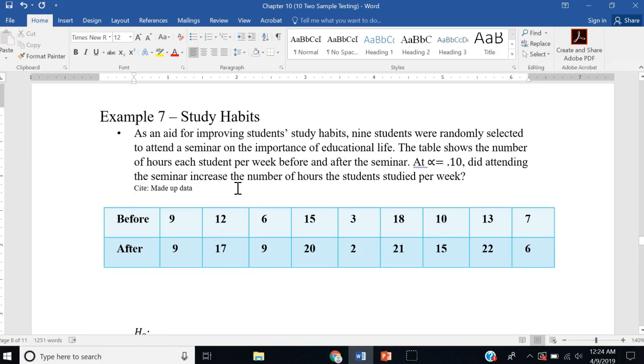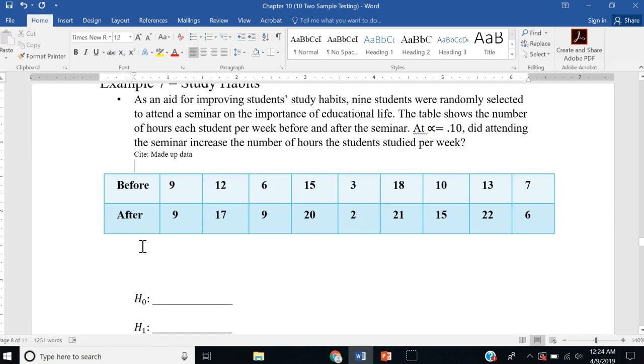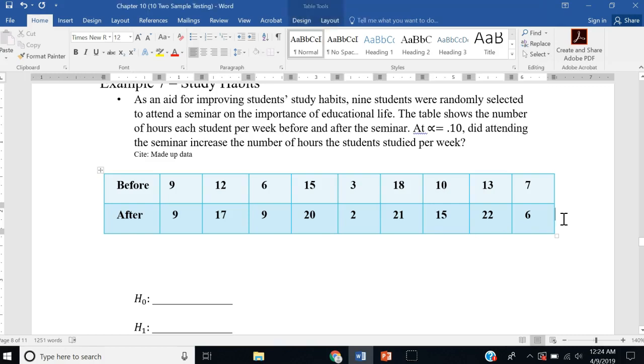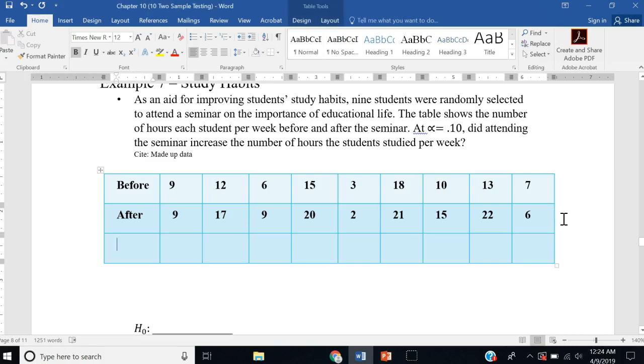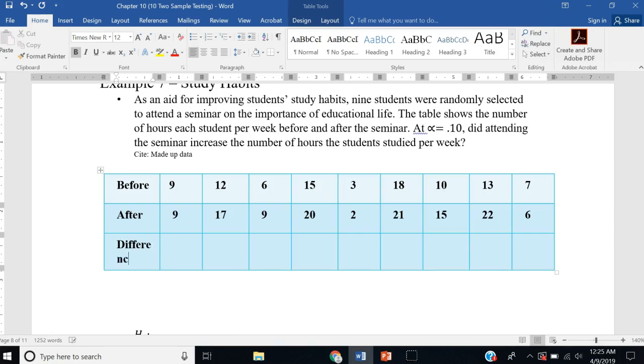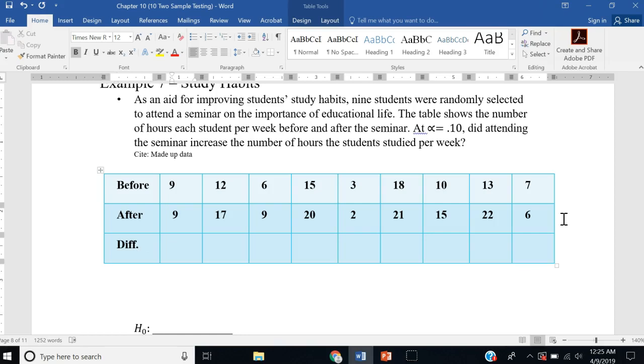So here we go. Let's look at how much change there was. And I'm going to create a third row here to look at the differences or the change. I'll put difference here.